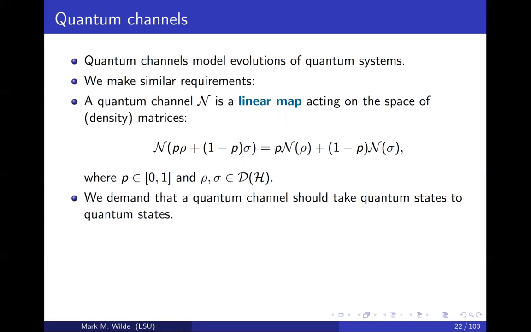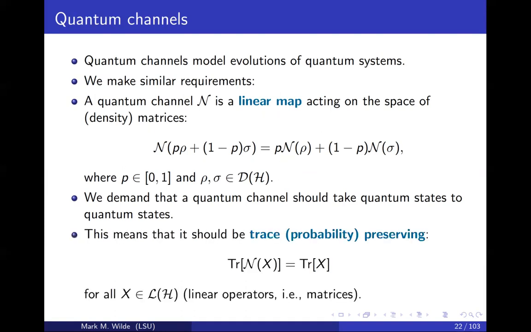Okay. We also demand, similarly as we did in the classical case, that a quantum channel should take a quantum state to a quantum state. That's the basic requirement that we demand mathematically. Okay. So one thing that it means is that the channel should be trace preserving, right?